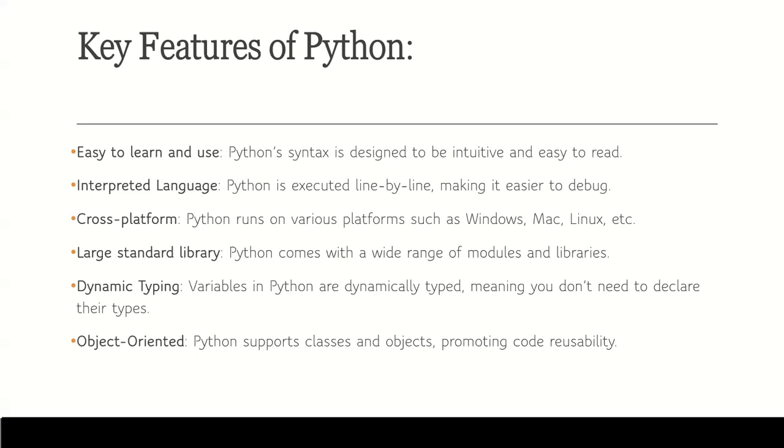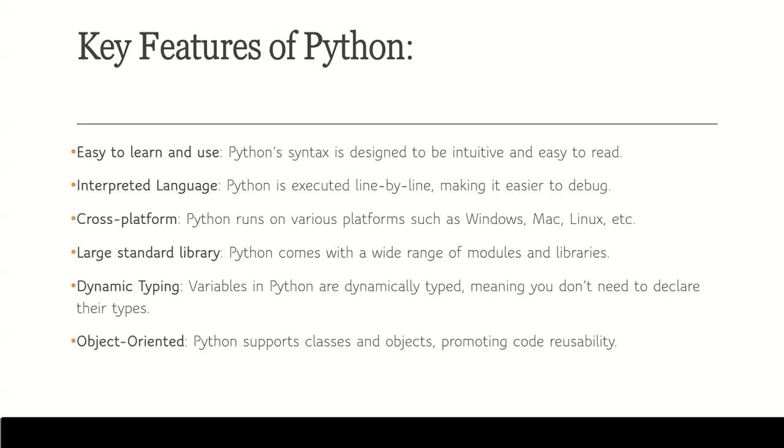Key features of Python, because again, we should know why it is used and where. Easy to learn and use. That's very true. It's quite easy, though obviously it's a programming language. Since you are already aware of Bash, it will be easier for you, I'm sure. But even for a layman, this is not as tough as other languages like Java or .NET. Python syntax is designed to be intuitive and easy to read.